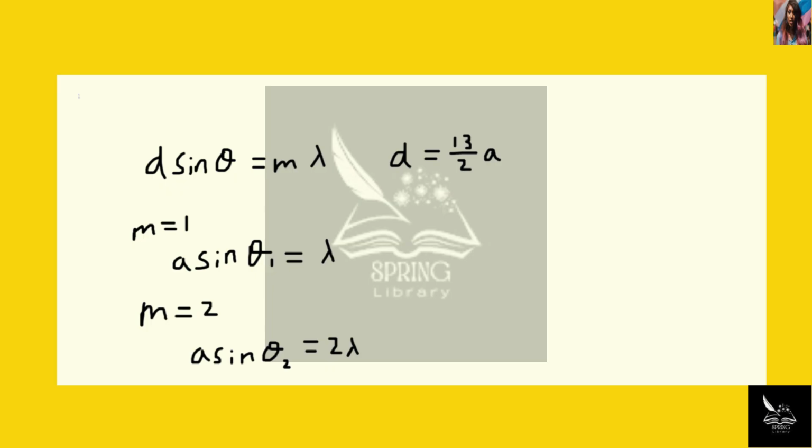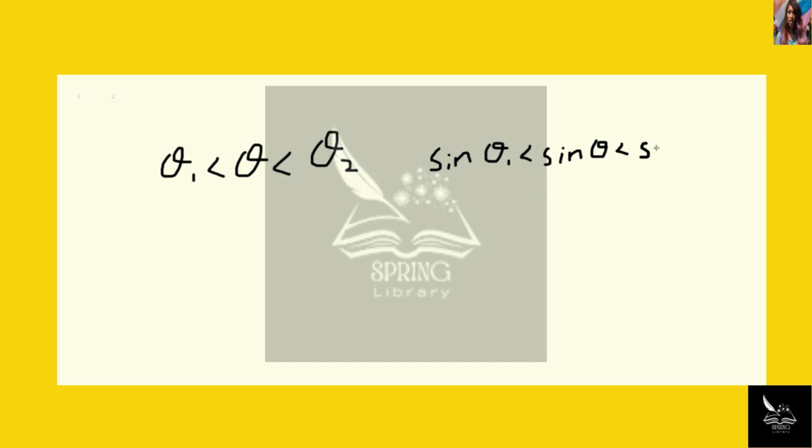So now we can calculate the values of m for which we have the condition theta 1 is less than the arbitrary angle theta is less than theta 2. That means the sine of the angle theta 1 is less than sine theta is less than sine theta 2.